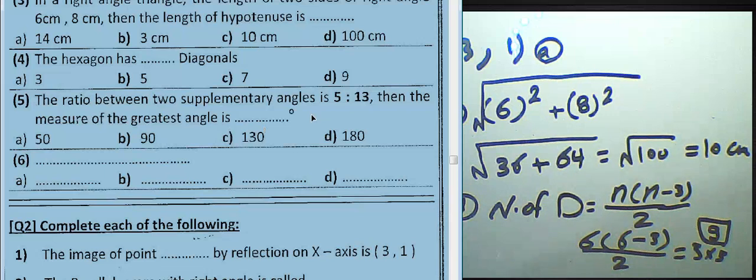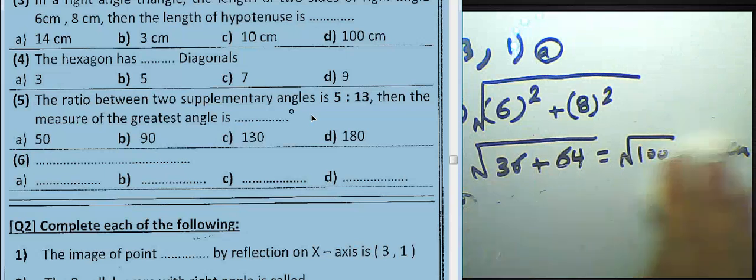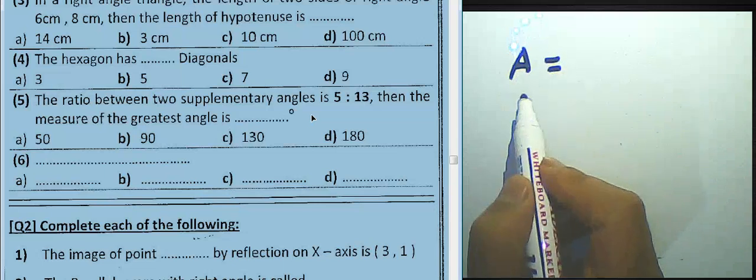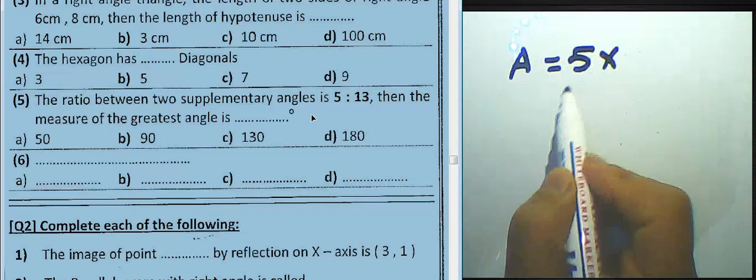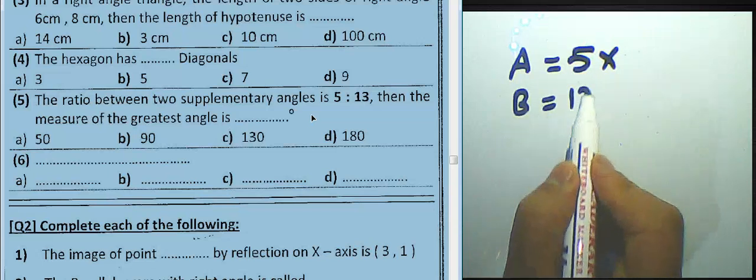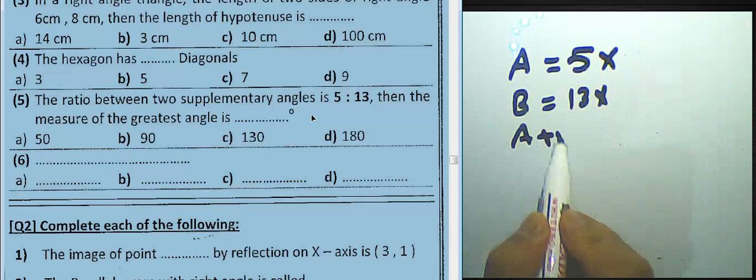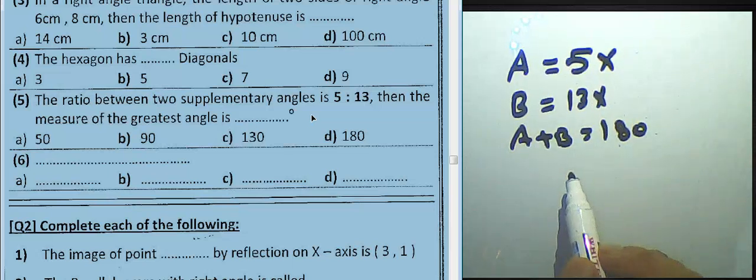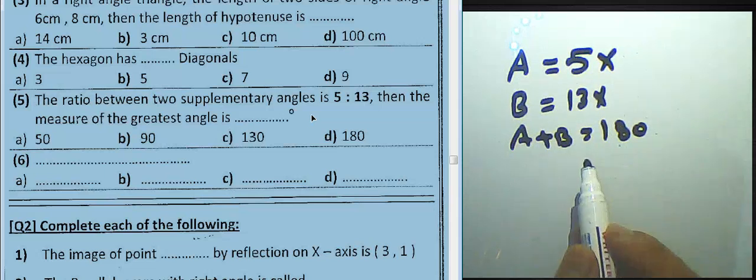We know supplementary angles means the sum of the two angles will be 180 degrees. Let angle A equal 5x and angle B equal 13x, and the sum of them equals 180 degrees because he tells us they are supplementary angles.